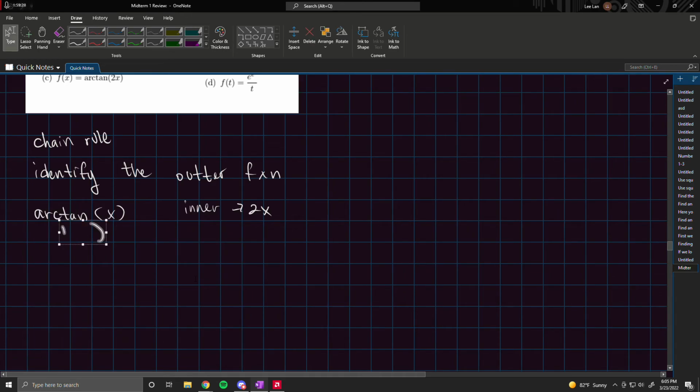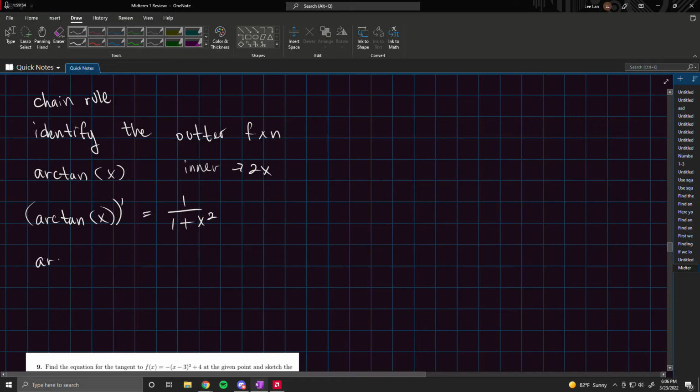So now that you have identified the outer function and also the inner function, you take the derivative of the outer function and then you plug in what the inner function was. The derivative of arctangent is 1 over 1 plus x squared.